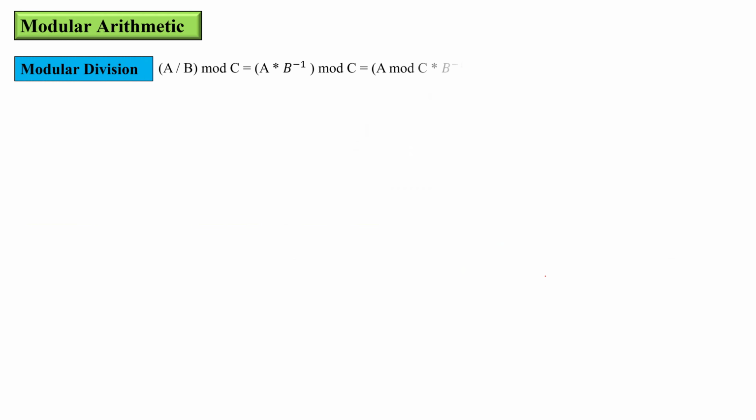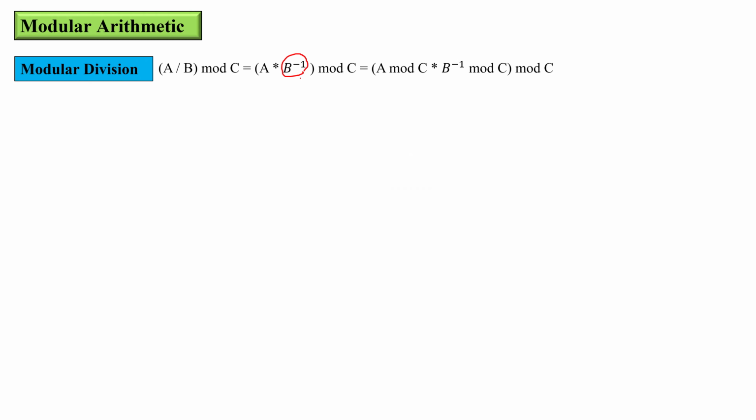Okay. Now we want to compute modular division. The formula says that if you want to compute A divided by B mod C, first you need to compute the inverse of B, and then your division would be converted into a multiplication.